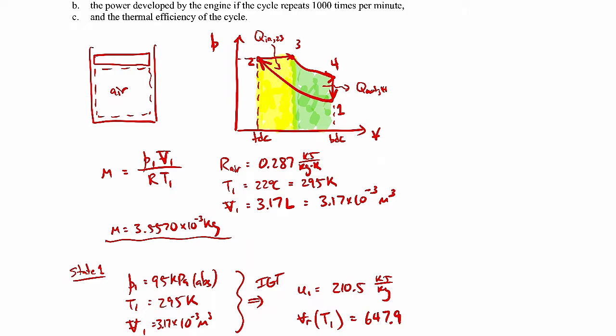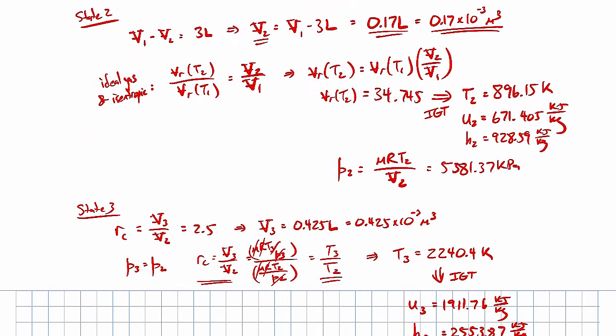So another way for me to find the work is just to integrate under the PV curve, right? And this is a constant pressure process, so that's a pretty easy integration. It's just going to be the pressure at 2 multiplied by the difference in V3 minus V2. This is why I calculated the pressure here, is because I knew I was going to have to use it.